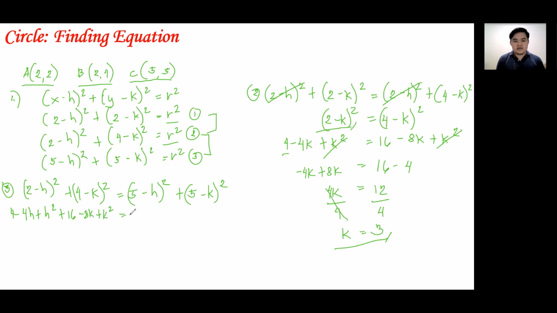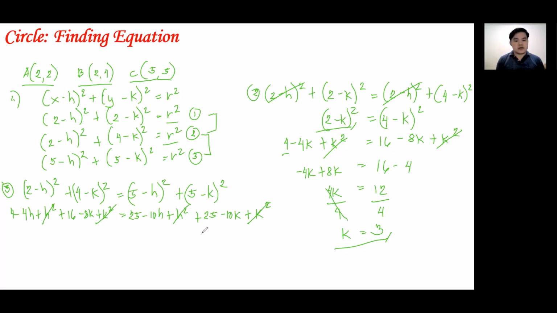Then this one expanded, so this is 25 minus 10h plus h squared. Next one is plus, this is 5, so this is 25 minus 10k, then plus k squared. Okay, again, we're going to cancel both sides of the equation. So cancel the k squared here, right? And the h squared, we're going to cancel the h squared because they are the same.